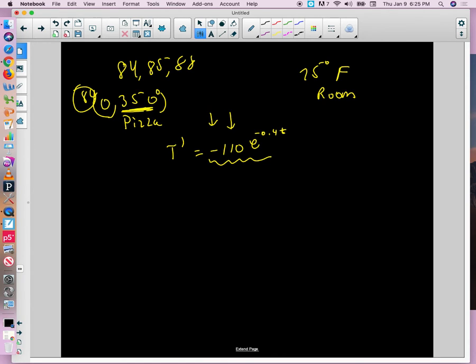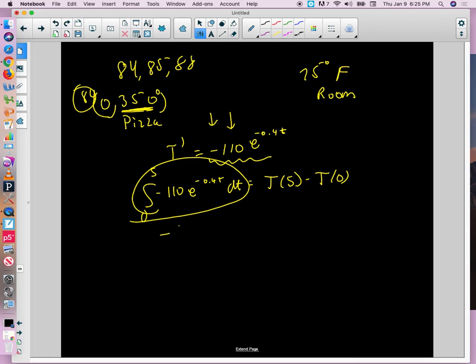But what I can really do is say the integral from 0 to 5 of negative 110 e to the negative 0.4 t dt is equal to T of 5 minus T of 0. When you integrate this, you actually do get a negative, so we feel good about that.